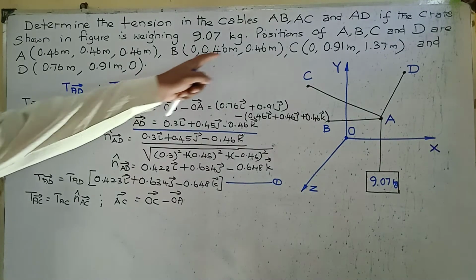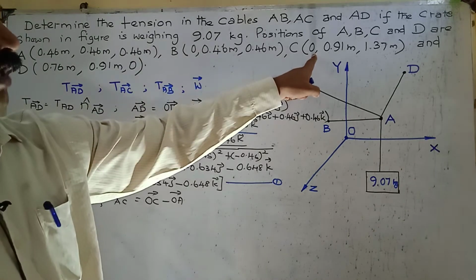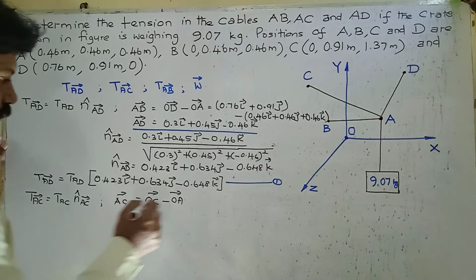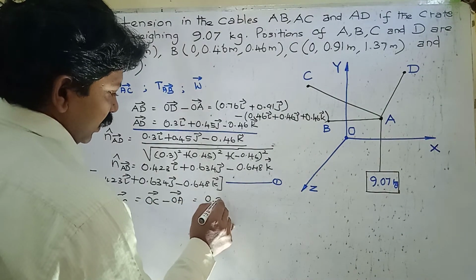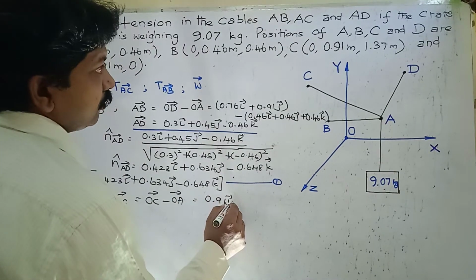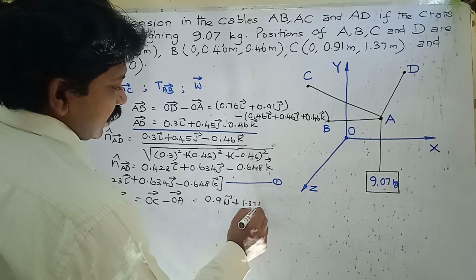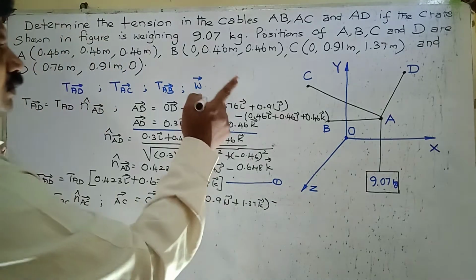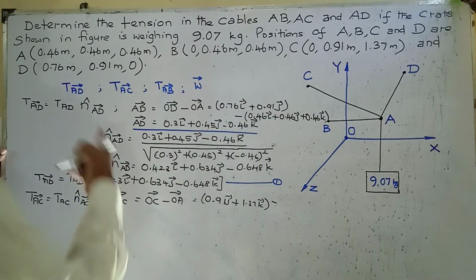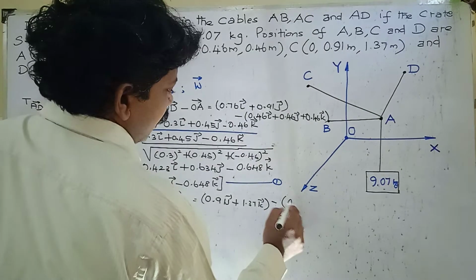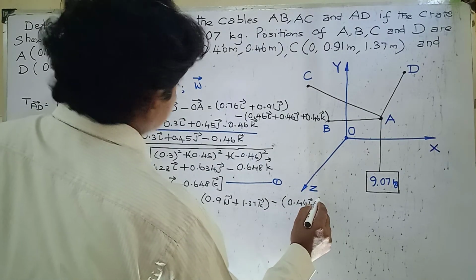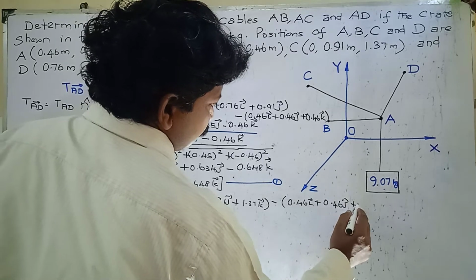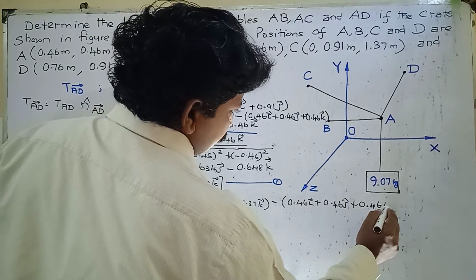Which one is OC vector? 0 i vector, 0.91 j vector plus 1.37 k vector, minus OA vector, which is 0.46 i vector plus 0.46 j vector plus 0.46 k vector.